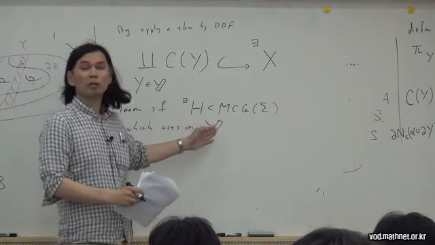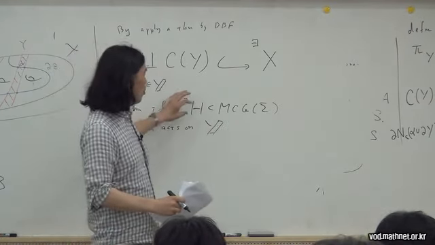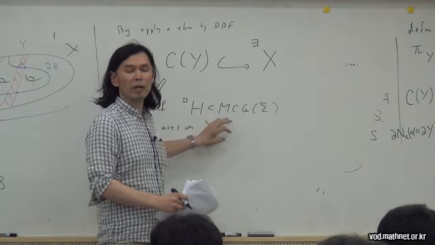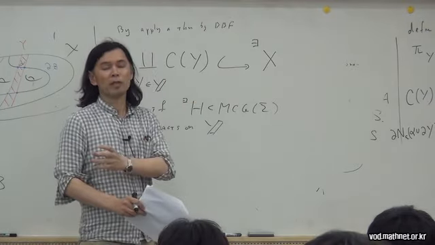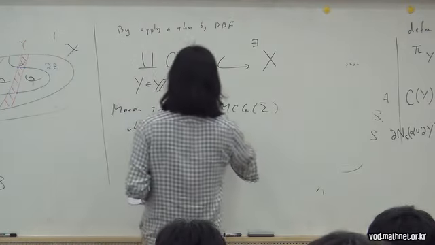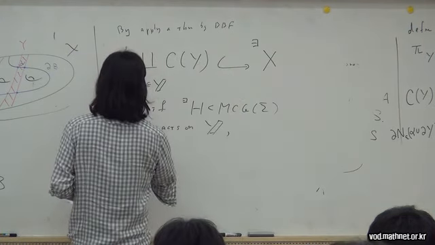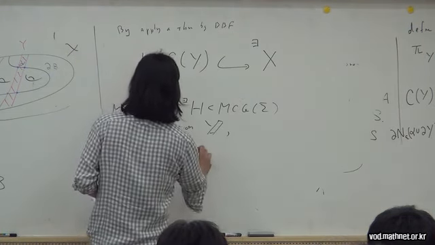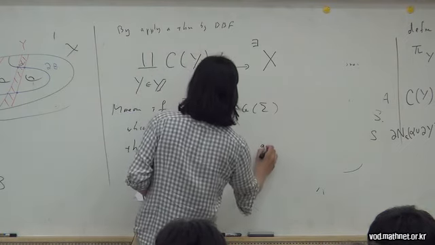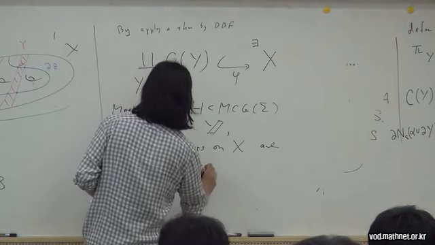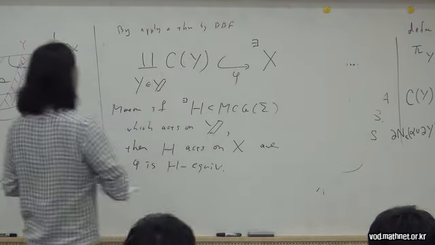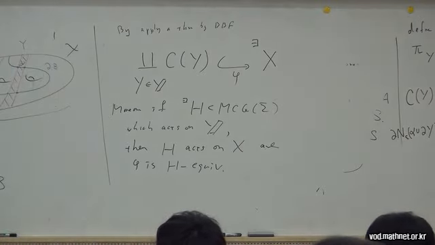Okay, remember this is a collection of subsurfaces. So possibly, for example, this is maybe the orbit of some subgroup of one subsurface. Okay, H acts on Y, then H acts on X, and this phi is H-equivariant. Okay, so you see the structure of the argument or theorem is exactly the same.